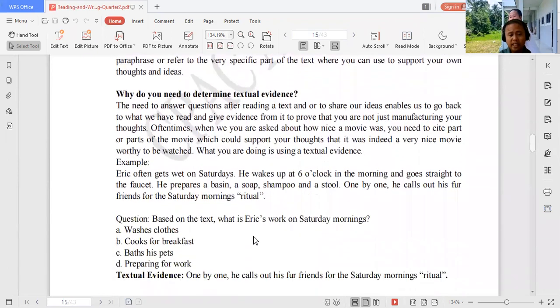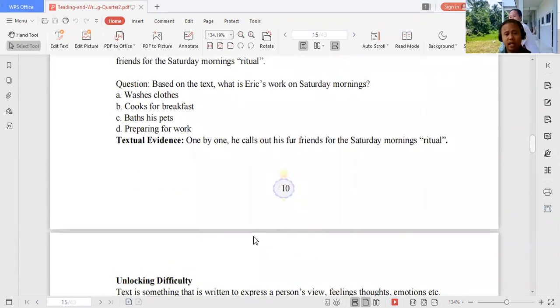Question, based on the text, what is Eric's work on Saturday mornings? Wash his clothes, cook for breakfast, bath his pets, preparing for work. Of course, the answer is letter C, baths his pets.